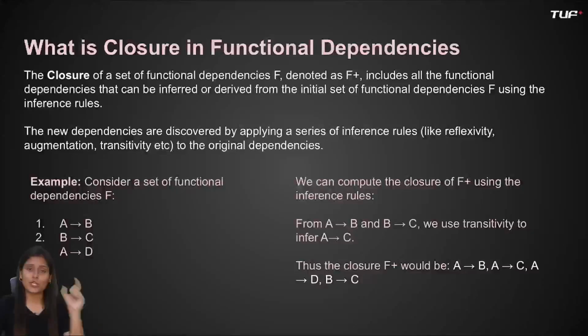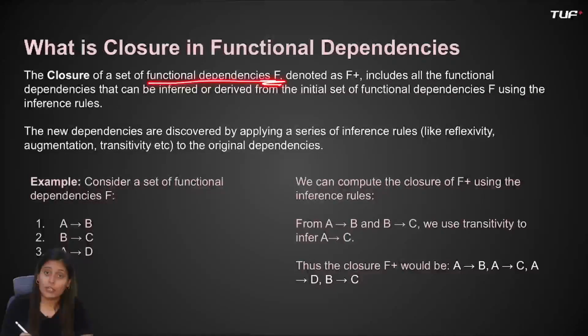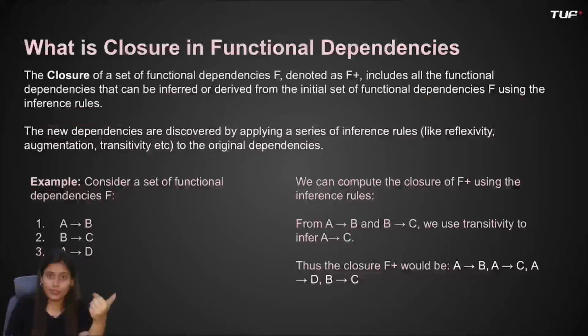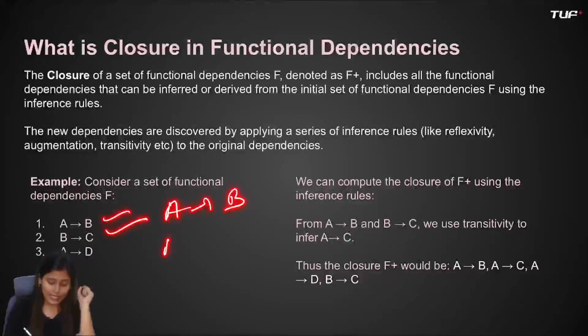So we know that closure is a set of functional dependencies, right? If we denote the functional dependencies by F, then the closure of functional dependencies, we will denote it by F with the plus sign. It includes all the functional dependencies that can be inferred or derived from the initial set of functional dependencies using the inference rules. Like, let's suppose A determines B and B determines C. So we can say A directly determines C, right?